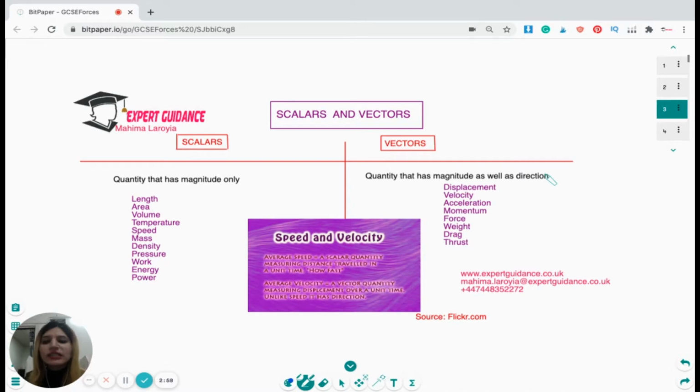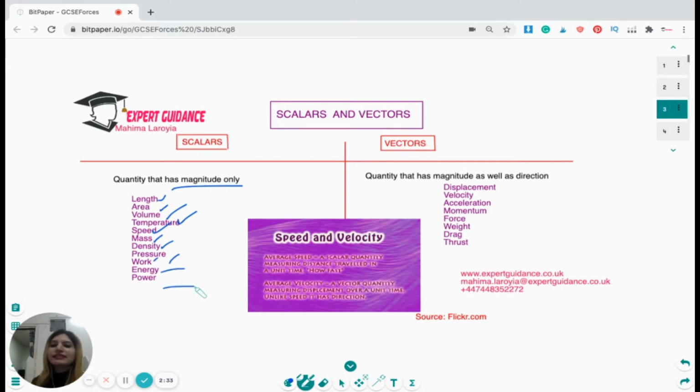Now, scalar quantities are those quantities that have magnitude only. They do not have directions. Whereas vector quantities have both magnitude as well as directions. The examples of scalar quantities are length, area, volume, temperature, speed, mass, density, pressure, work, energy, power.